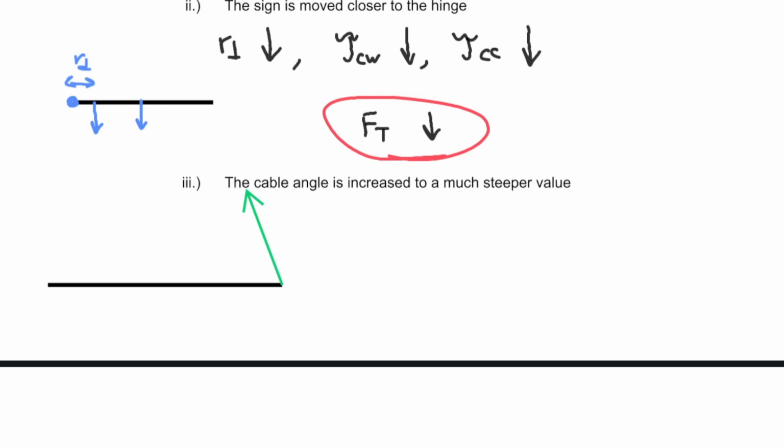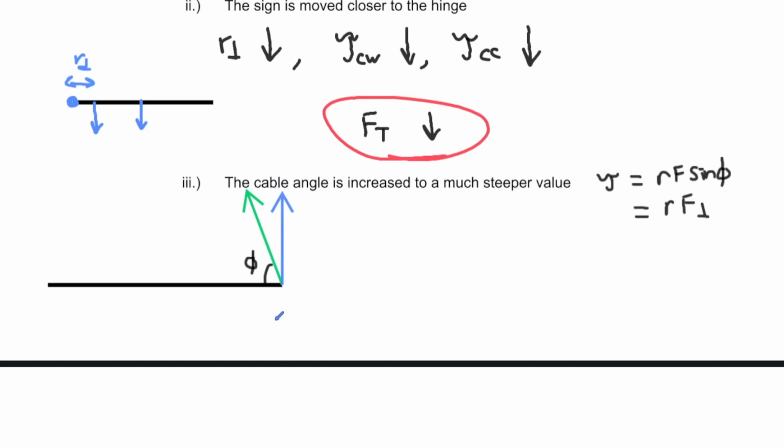And we'll just call this some new angle, phi. Well, what causes torque? Torque is going to be equal to rF sine of the angle between, or this is the same thing as r times F perpendicular. So by changing the cable, we've effectively changed how the tension force distributes itself. Now the tension force is much more vertical.